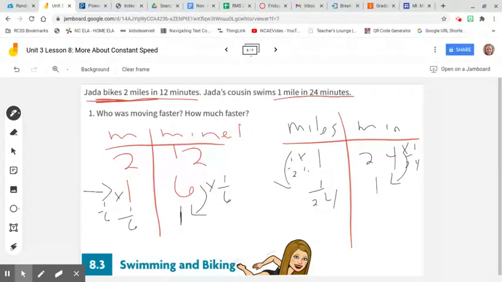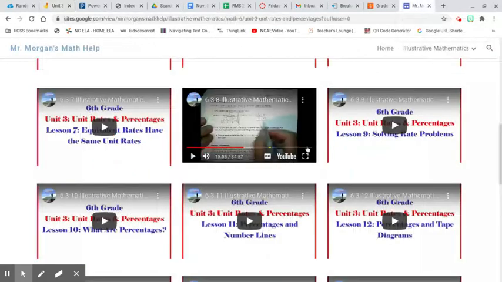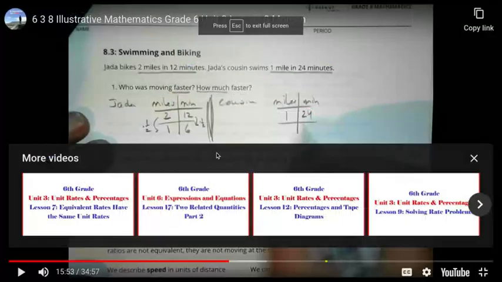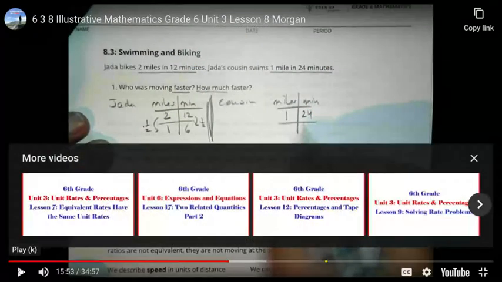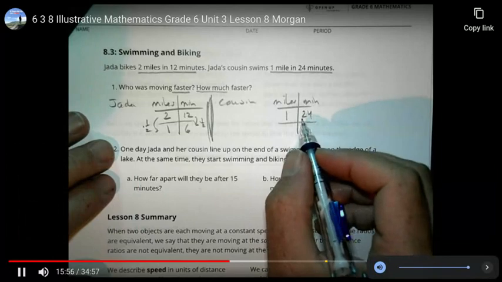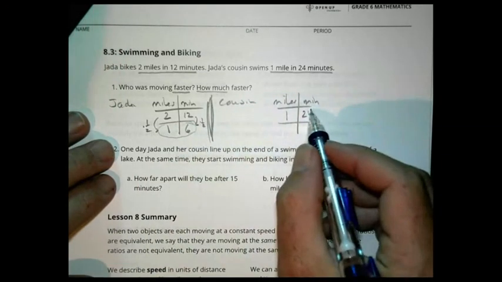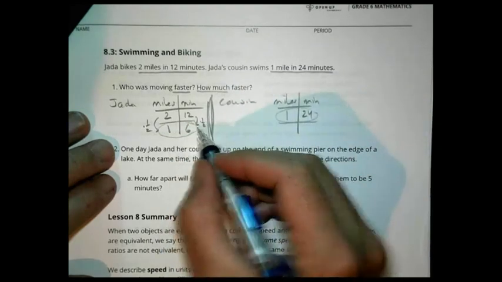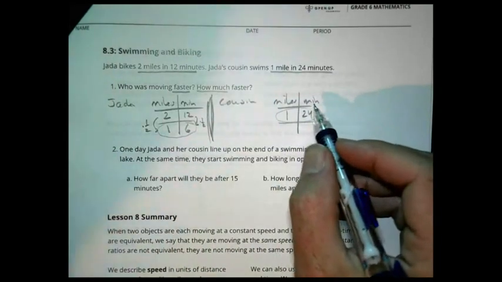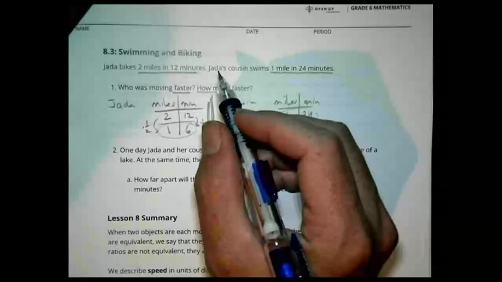Okay? 1/24 of a mile every minute. Okay, so our difference in our rate is going to be here. Our speed is 1 mile in 6 minutes or 1 mile in 24 minutes. So for sure, we know that Jada is going faster, 1 mile every 6 minutes.